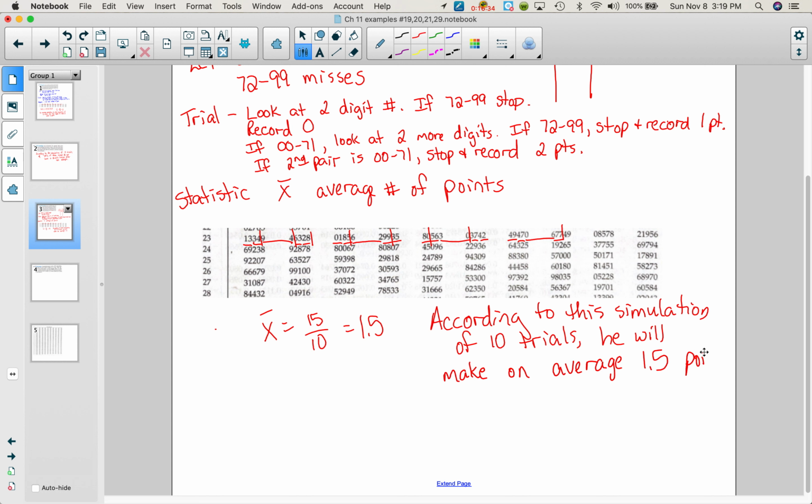Now, obviously, he can't get 1.5 points, but that's what we report as our average in a one-and-one situation. Okay, so that's the idea you would do on that problem.